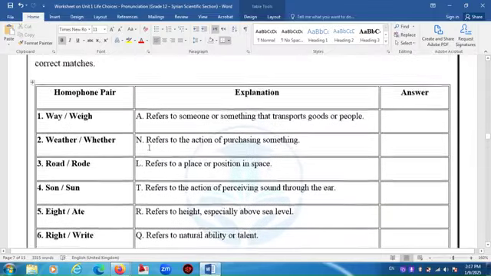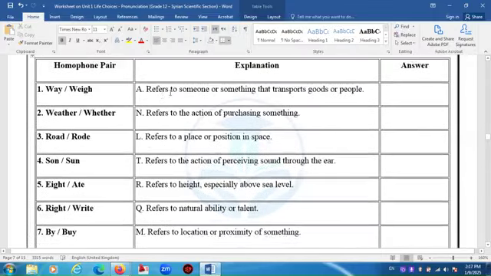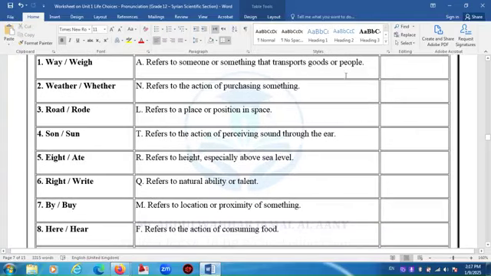First one, let's read, for example. Refers to someone or something that transports goods or people. Refers to the action of purchasing something. Refers to the place of possession or a position in a space. Refers to the action of perceiving sound through the ear.